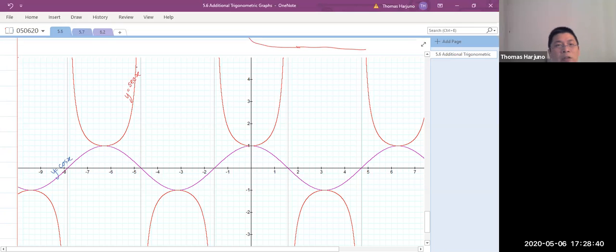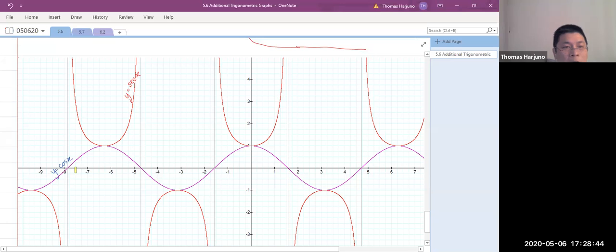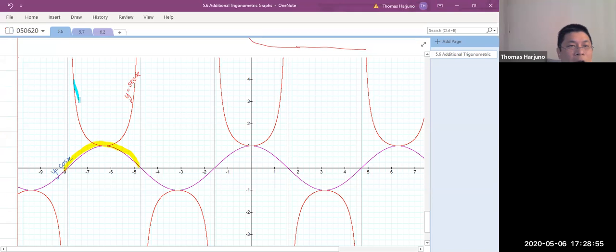Okay, now notice the following. I want you to see this pattern. When the cosine has the bump up, that's when the secant has the cup down.